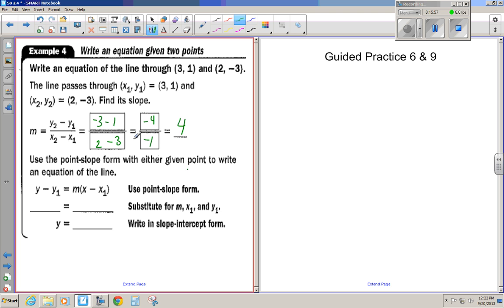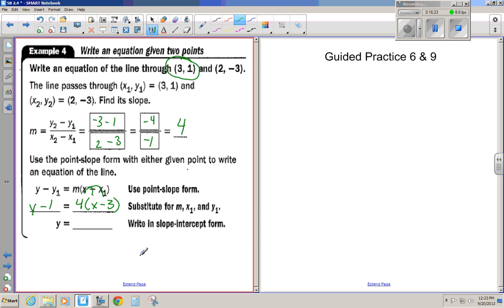Once you know the slope, pick one of these values. You can use x1 and y1 if you want, but you don't have to. Which point looks nicer? Well, I hope that when you look at this, the fact that there's no negatives in there is probably the easiest one. So y minus 1 equals 4 times x minus 3.